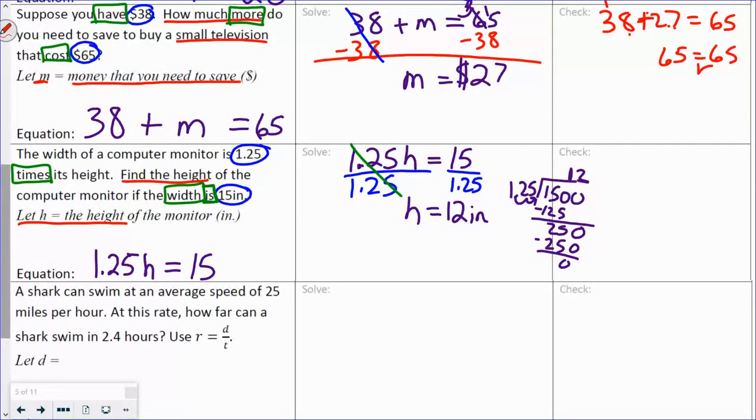So it's time to check our answer. Is 1 and 25 hundredths times 12 going to equal 15? Well, when I multiply by decimals, I always put the larger digits on top. That means I'm multiplying by less numbers technically, and to put in my lines for addition. 2 times 5 is 10, 2 times 2 is 4 plus 1 is 5, 2 times 1 is 2.